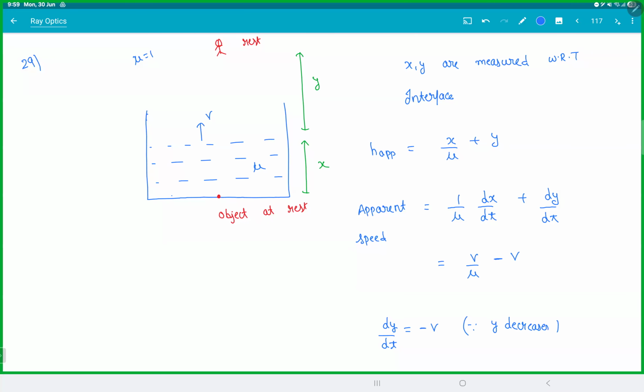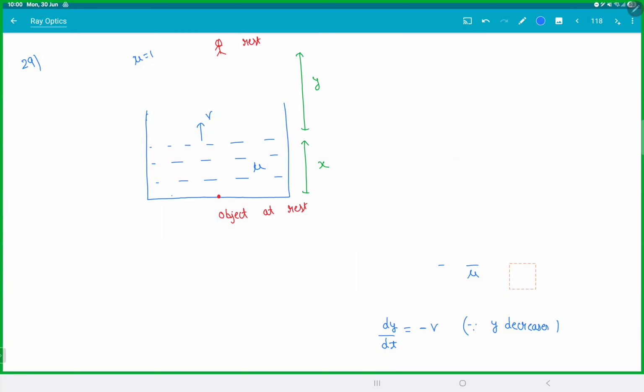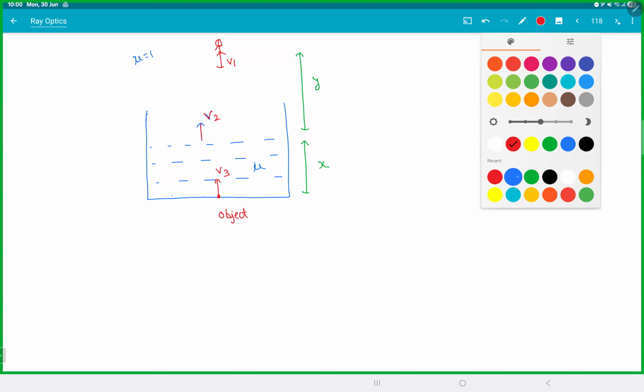You can make this better. Same question if it is like this. Let's say the observer is coming down with V1, the surface is going with V2, and the object is going up with V3. Now what will be the answer if all are moving?